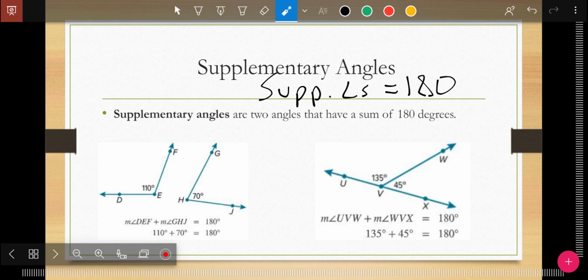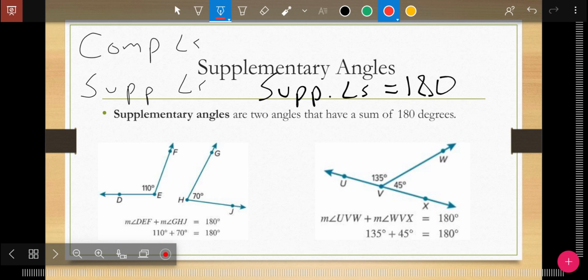Also, quick side note, if I write down complementary and supplementary angles here, and I'm at a test and I have that moment where I freeze, oh gosh, how do I remember which is which? A former student taught me this.